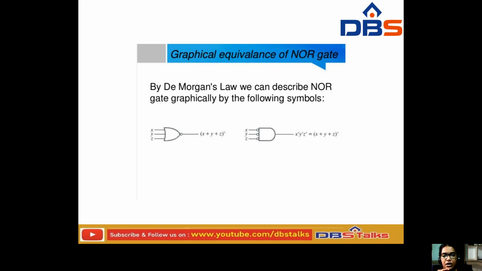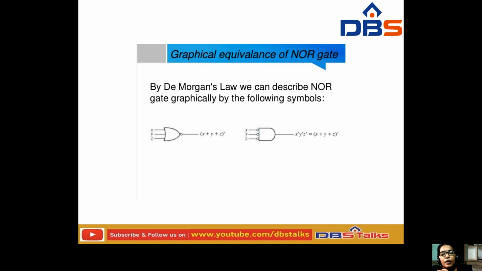We can write it as (x plus y plus z) whole dash, which equals x dash y dash z dash. Why? Because before itself it is x plus y plus z, and after that we apply the NOT operation on that. We should not write it as x dash plus y dash plus z dash.